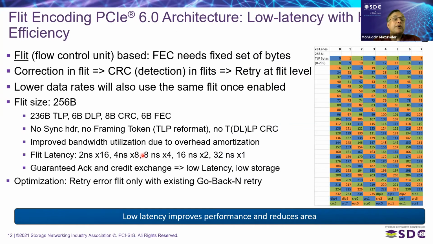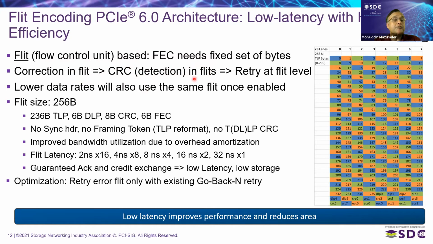Getting into a little bit more detail, FEC needs a fixed set of bytes. Because of that, a FLIT mode is introduced in PCIe 6.0. FLIT stands for flow control unit. So the correction, detection, and retry, all of them are done at the FLIT level.